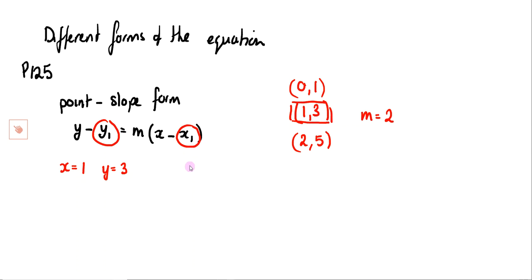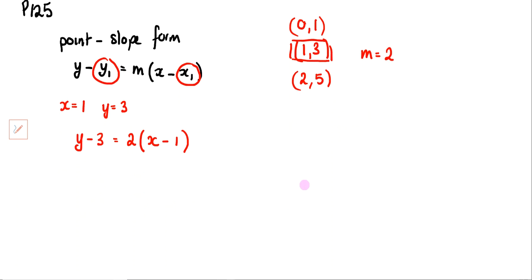The way I put that in is I write it as y minus 3 equals 2 times x minus 1. There it is. So that's really easy then, using the point and the gradient.